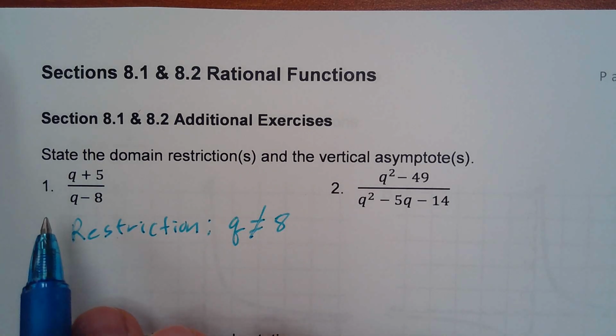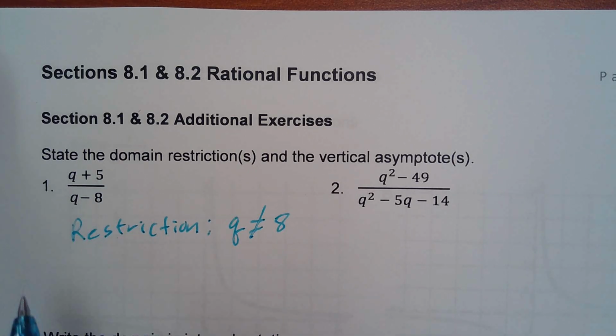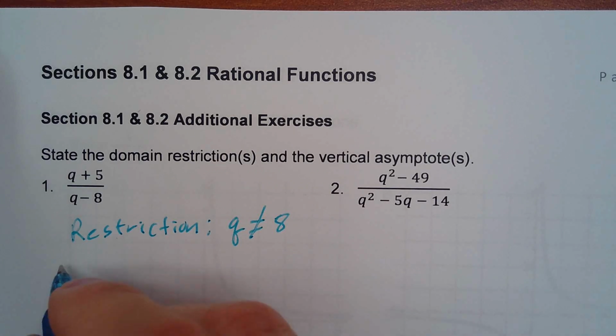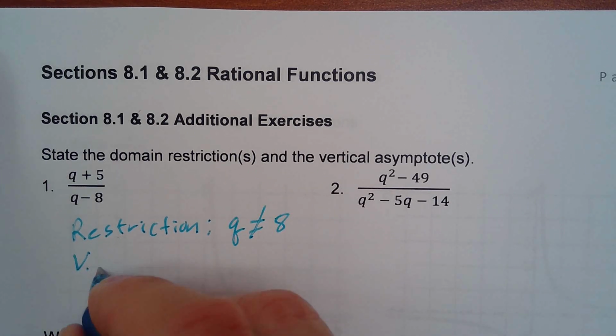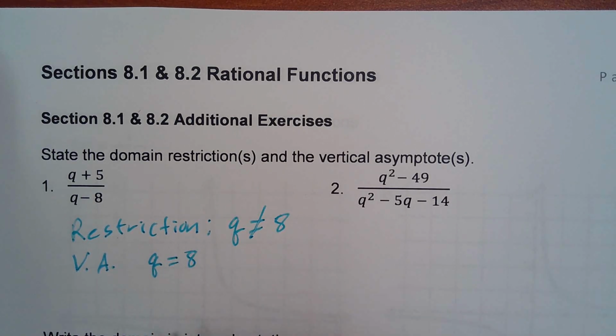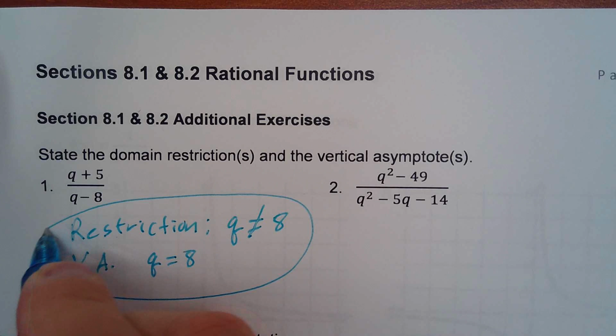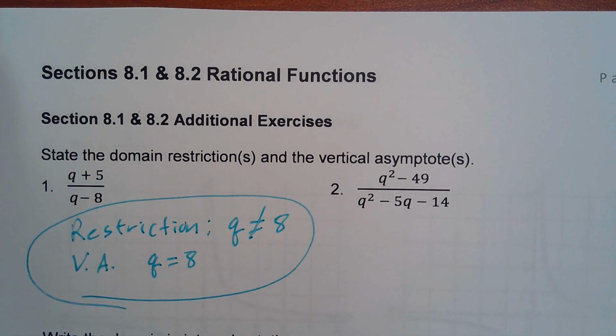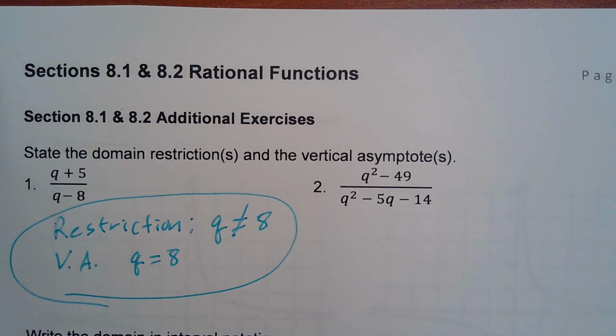Nothing reduces here, so q equals 8 will be our vertical asymptote. Now let's look at problem number 2.